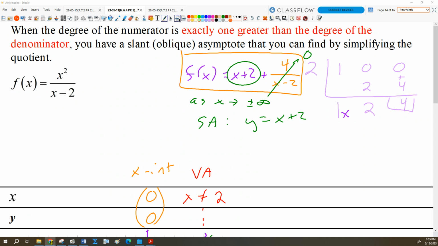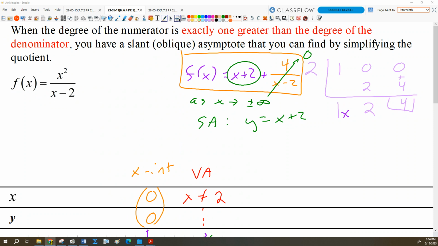Remember this stuff? And now if we take our limit as x approaches plus or minus infinity, that orange fraction is going to go to 0, because it's a rational function where the denominator has a higher degree polynomial than the numerator. The numerator is degree 0, denominator is degree 1, right? So in the limit, that goes to 0, and we're just left with x plus 2.